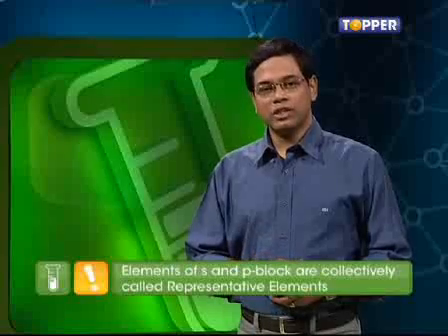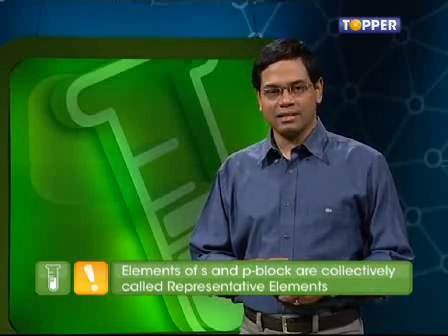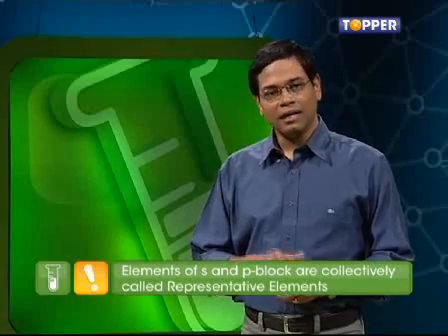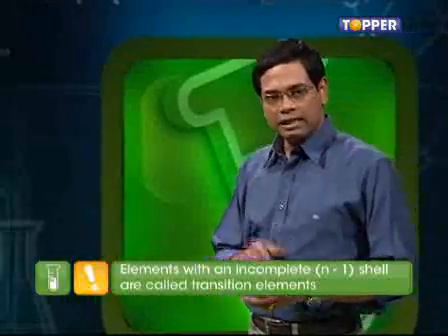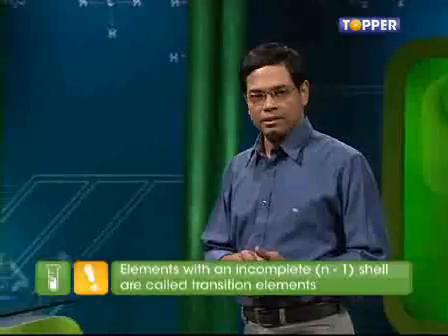You must be wondering what the criteria of this classification is. It's fairly simple. Elements which require the nth shell to be completed and thus reach a stable configuration are called representative elements. And those elements with an incomplete n-1 shell are called transition elements. And it is these configurations that lend them their characteristic tendencies.